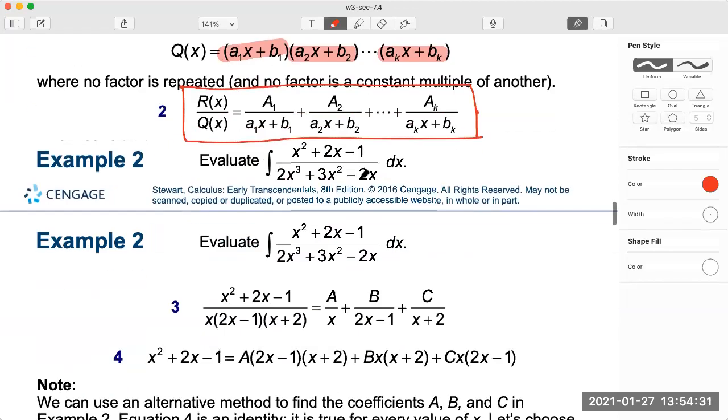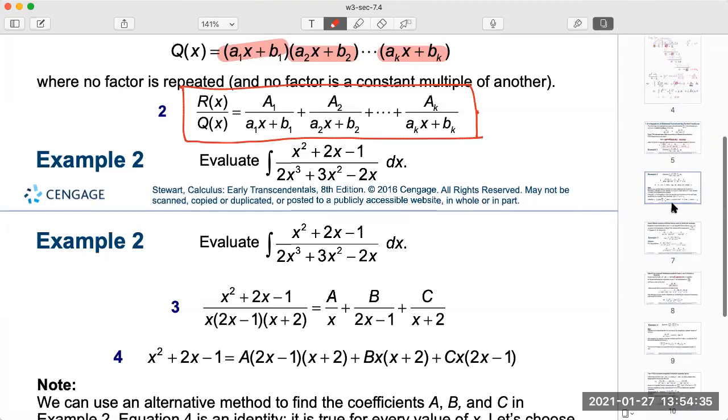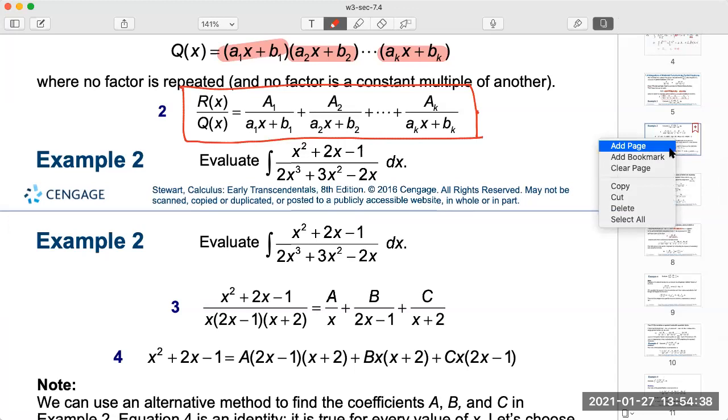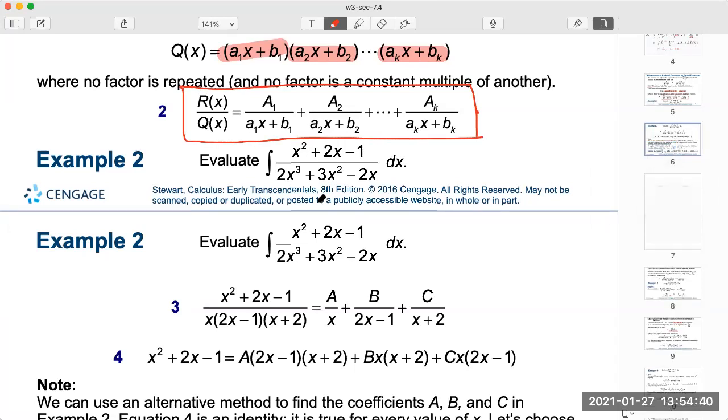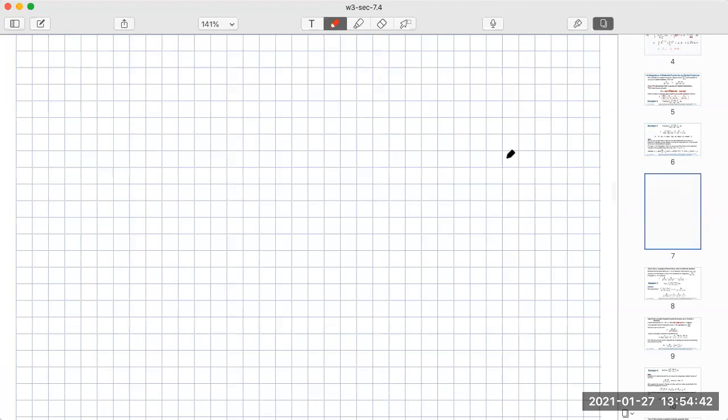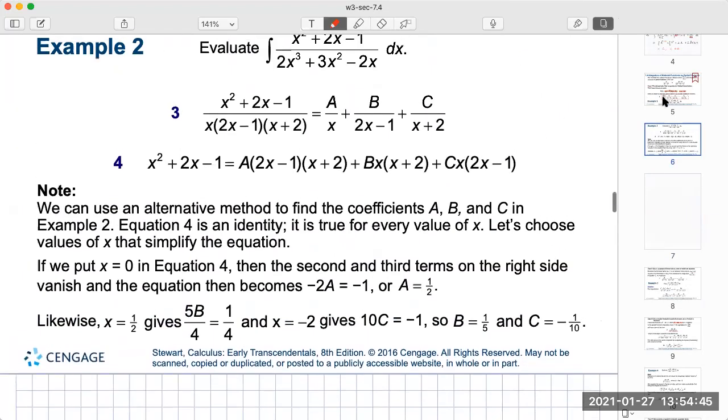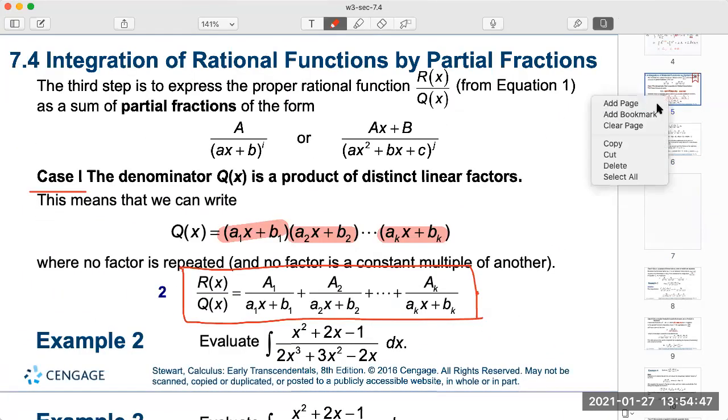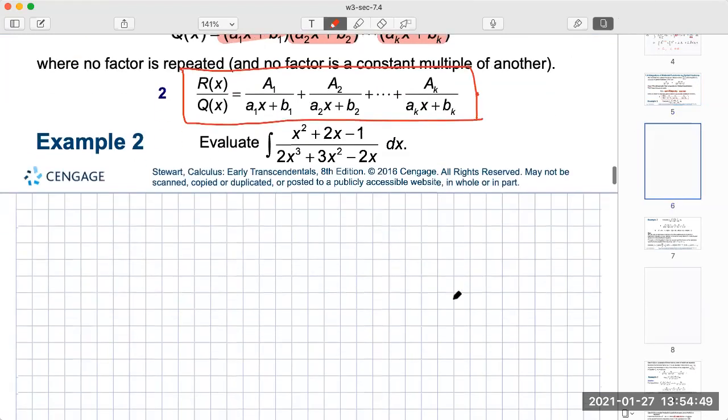Now, let us take a look at this example. The example 2. The denominator first, is this rational function a proper one or improper one? Proper one, right?